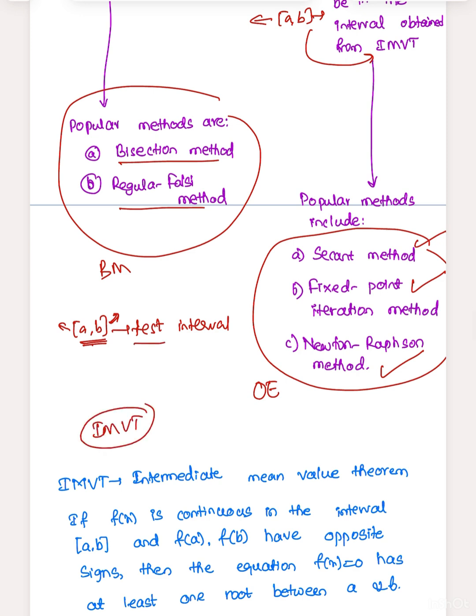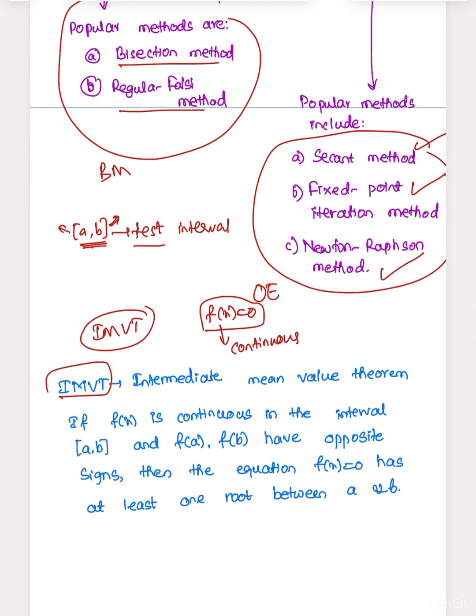In all the cases, f(x) is equal to 0. In the f(x) = 0 problem, f(x) is assumed to be continuous, so we are applying the intermediate value theorem. The intermediate value theorem states: if f(x) is continuous in the closed interval [a, b], and f(a) and f(b) have opposite signs, then the equation f(x) = 0 has at least one root between a and b.